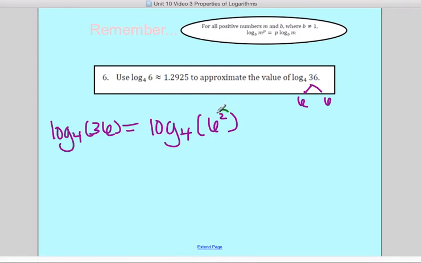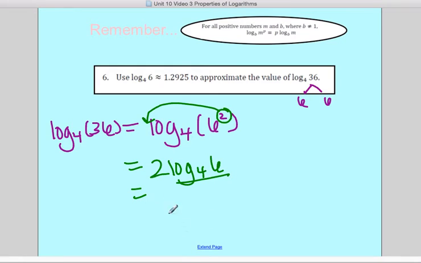Now I can take my power and bring it down in front. So I would have 2 log base 4 of 6. I know what log base 4 of 6 is, so it's 2 times 1.2925. And when I multiply those, I would get 2.585.